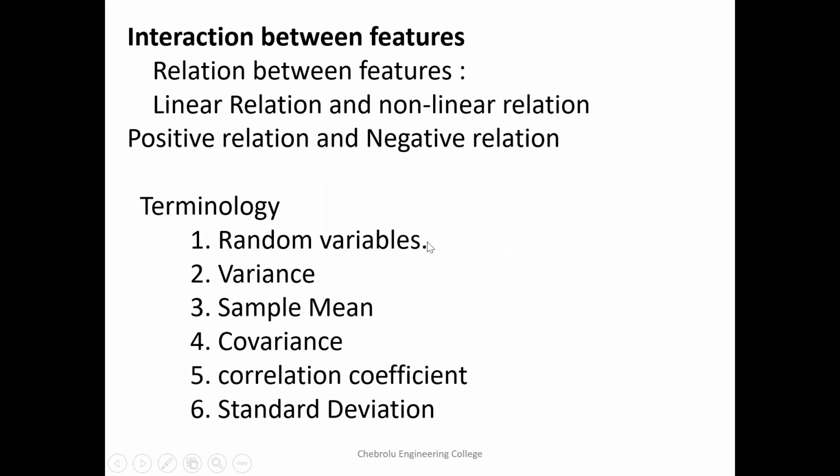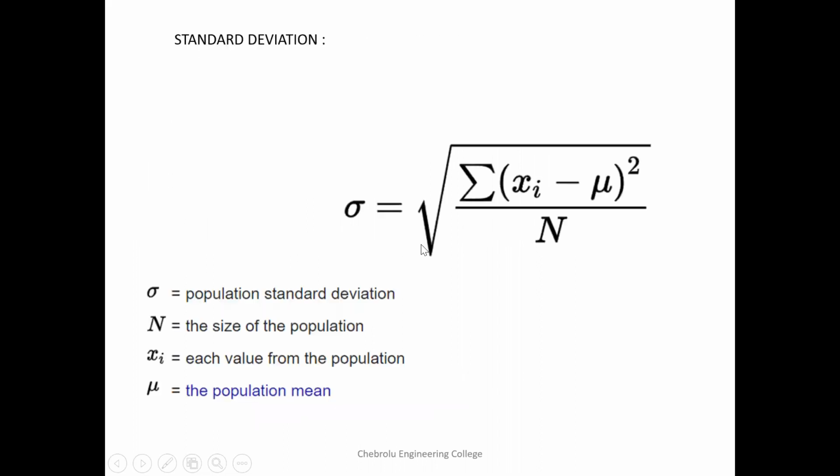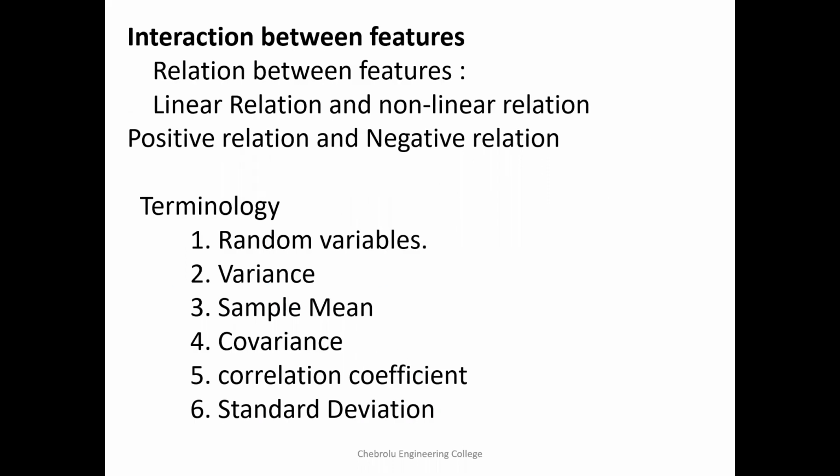Terminology. What do you mean by random variables, my dear friends? Normally, suppose you say marks of a particular section: Virendra got 82 marks, Lakshmi got 92 marks. These are all definite. That means there is no sample. It is data.